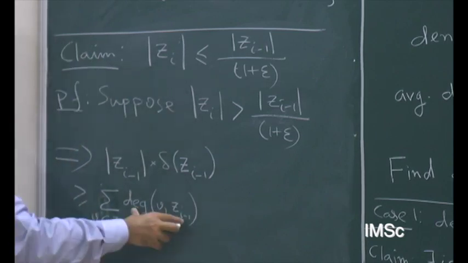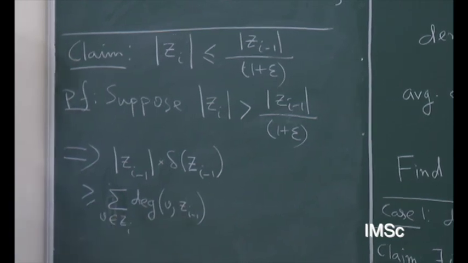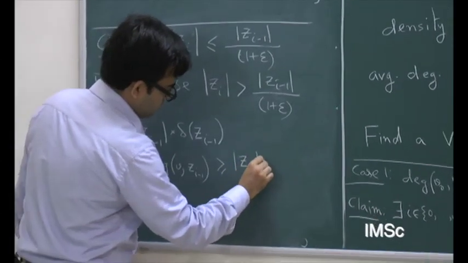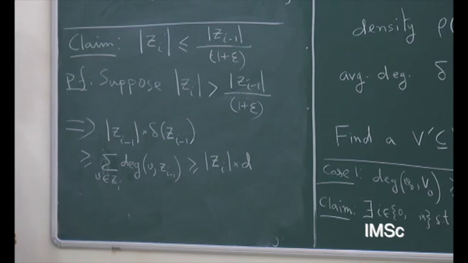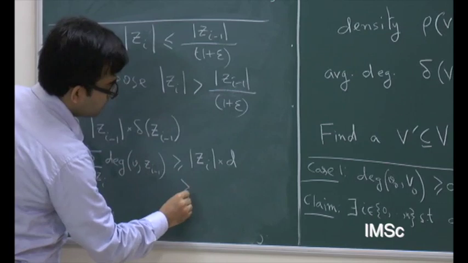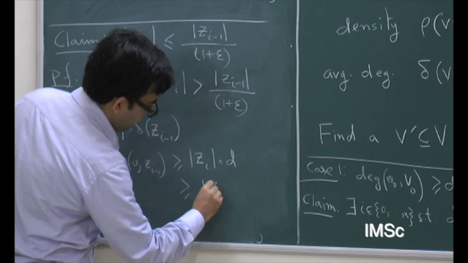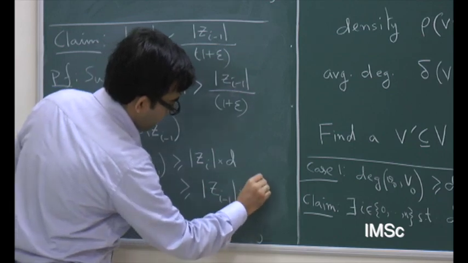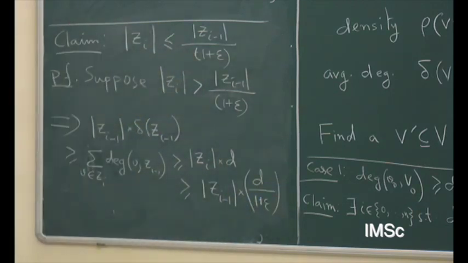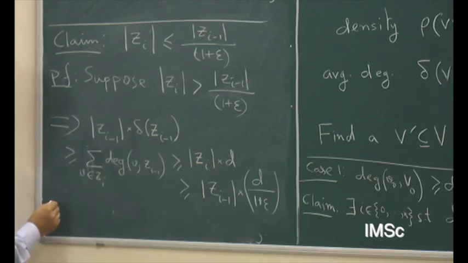Now each of these quantities is at least d by definition. And if the size of Zi is greater than the size of Zi minus 1 over 1 plus epsilon, you are going to have, just now look at this inequality. Divide by the size of Zi minus 1 from both sides. What do you get?